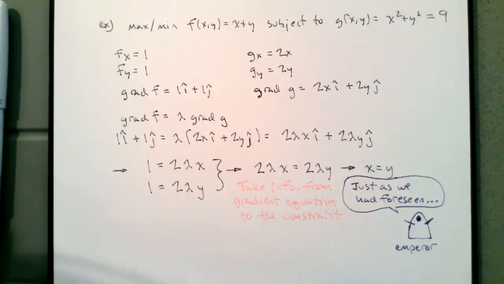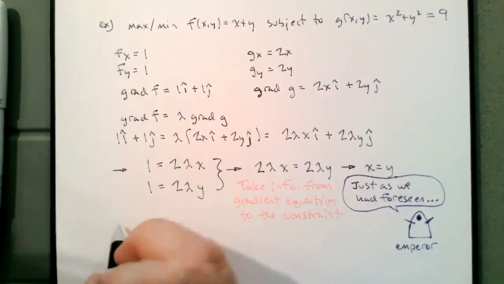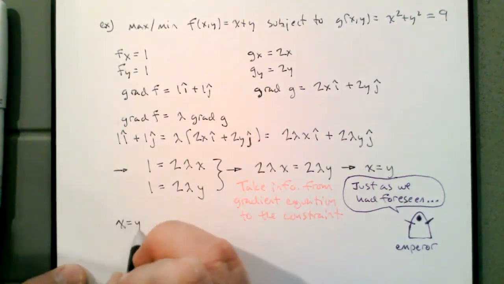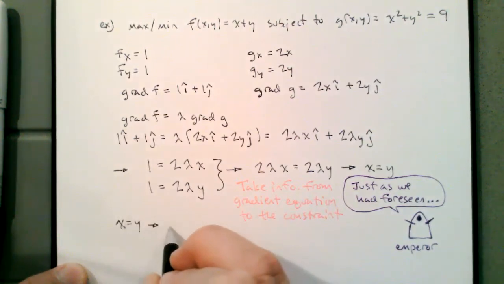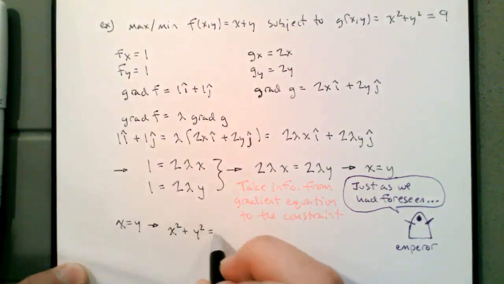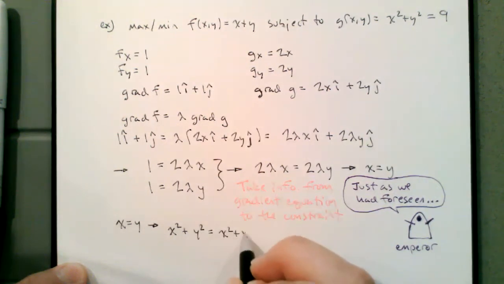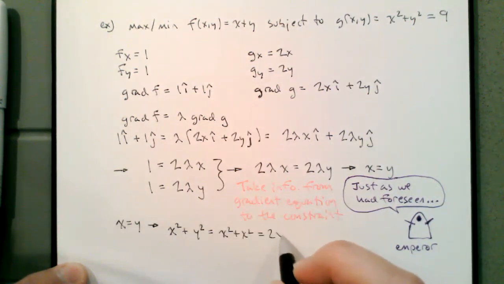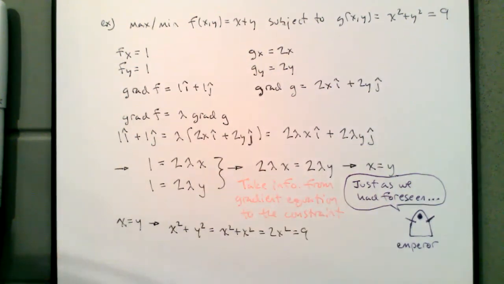So now we'll take this given information from the gradient equation, we'll drop that into the constraint and we'll get some actual numbers. So since x is equal to y, just like we did before, that means x squared plus y squared is equal to x squared plus x squared, which is all equal to 9.